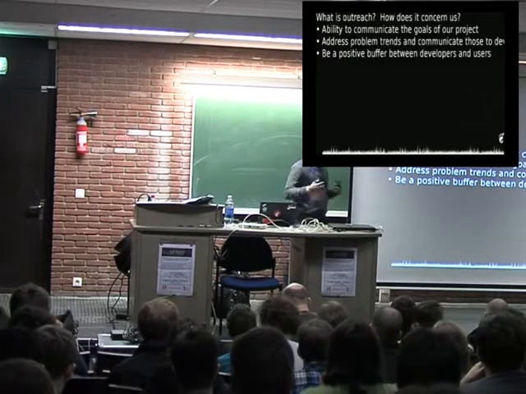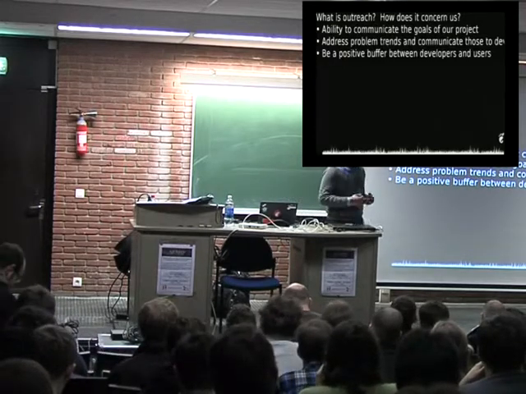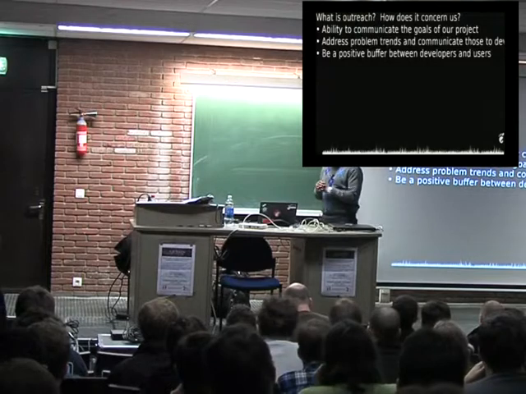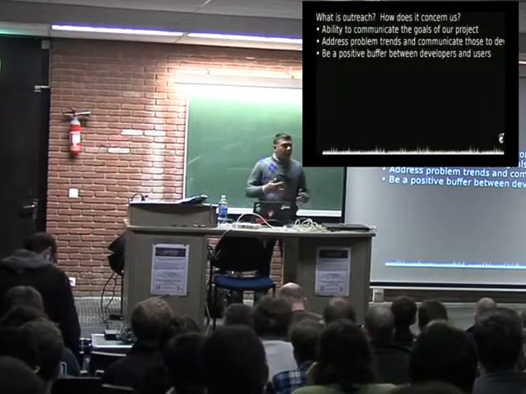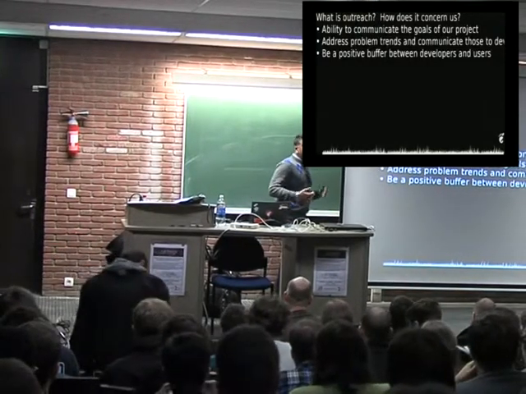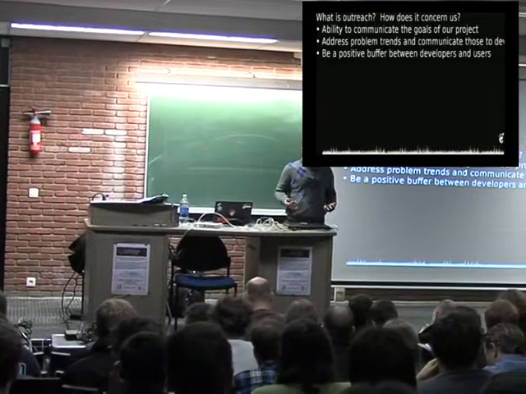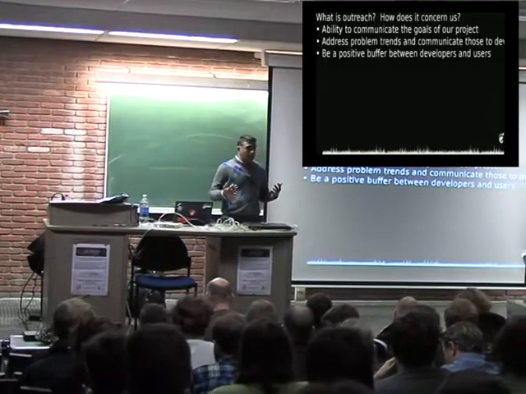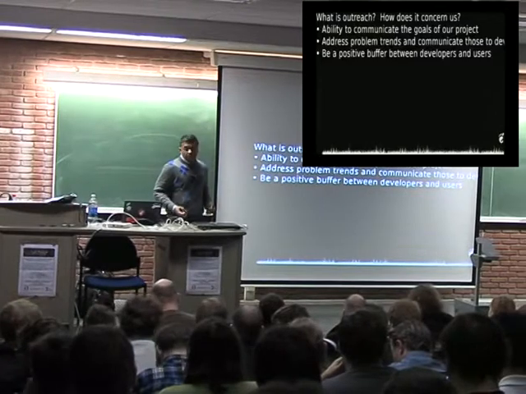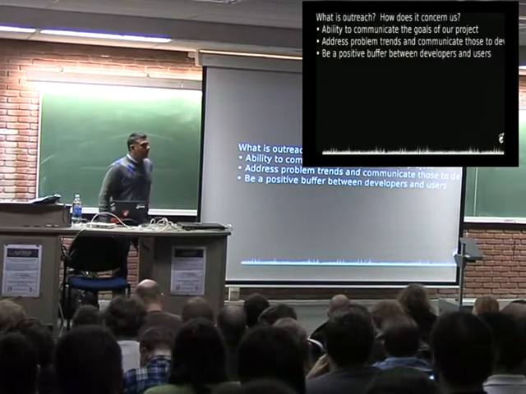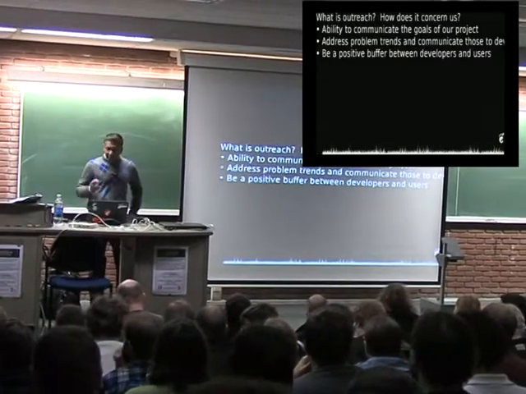And also really to be a positive buffer between users and developers, right? So when people have problems or things like that, you need somebody who has really good interpersonal skills to communicate both and deal with things with some sensitivity.